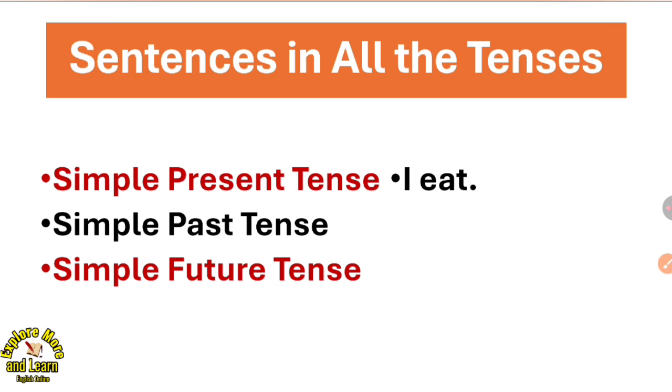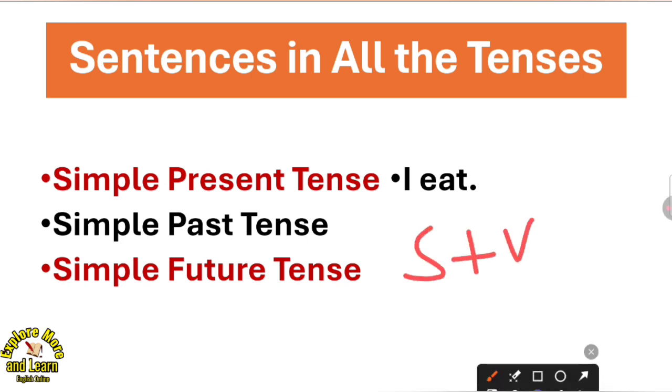And the quick rule is that in simple present tense, along with the plural subjects or nouns, and I is the option there, so I, we, you, they, we use the verb as it is. So subject, then verb. And s or es is used if the subject is singular.